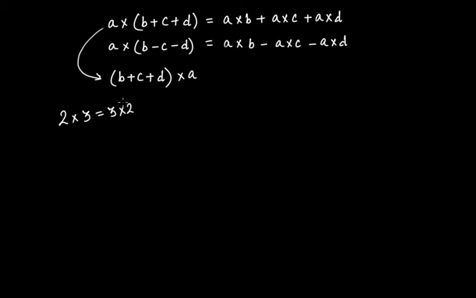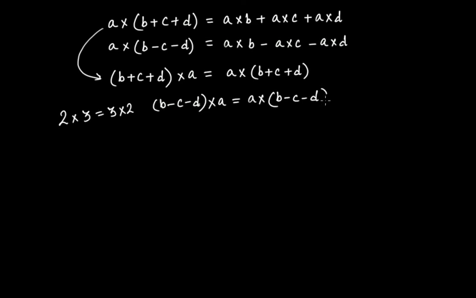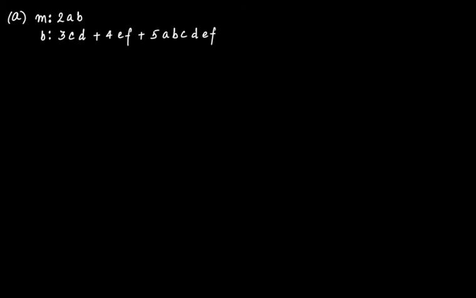Applying the same property here, you get a multiplied by b plus c plus d. Now it's exactly similar to this one, right? And same thing if it were b minus c minus d multiplied by a: first apply the commutative property of multiplication, and then you can simplify it using this.